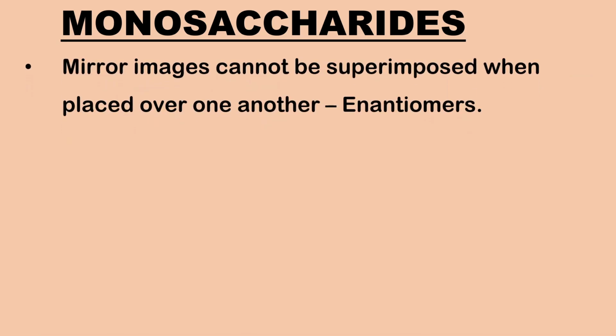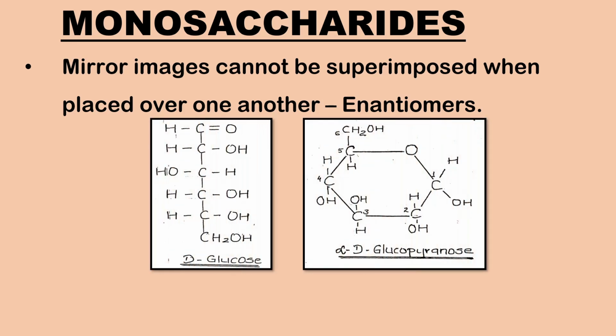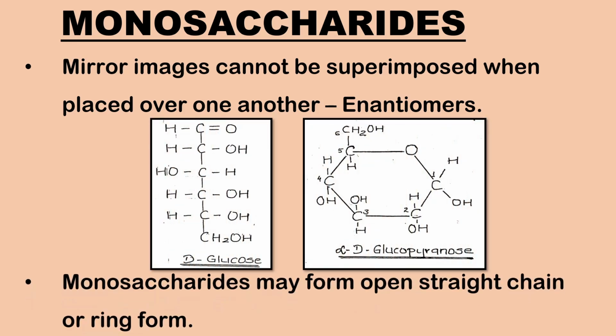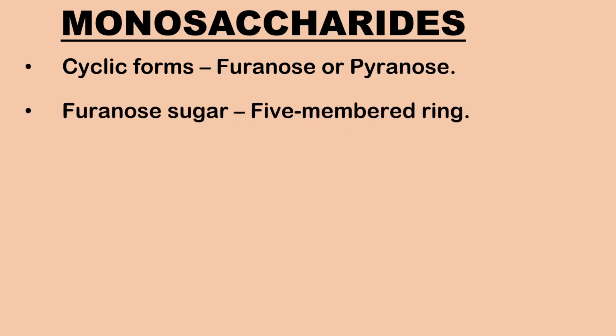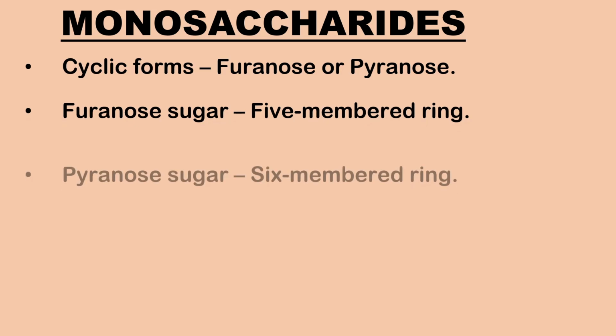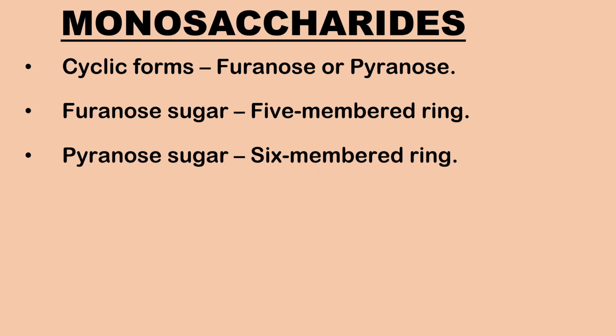They are known as enantiomers because they cannot be superimposed when placed over one another. Many monosaccharides exist both in open straight chain form and ring form. Cyclic forms can be furanose or pyranose with alpha and beta anomers. If the ring is 5-membered, it is called furanose sugar. Sugar with 6-membered ring is called pyranose sugar.